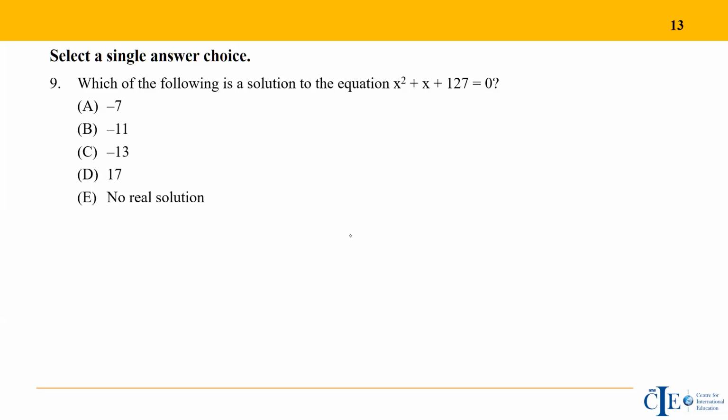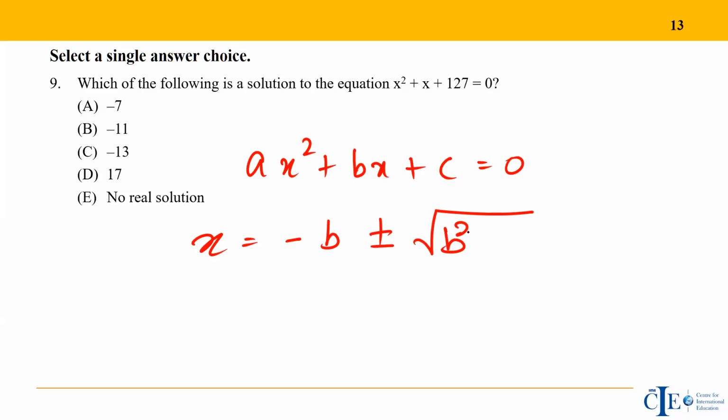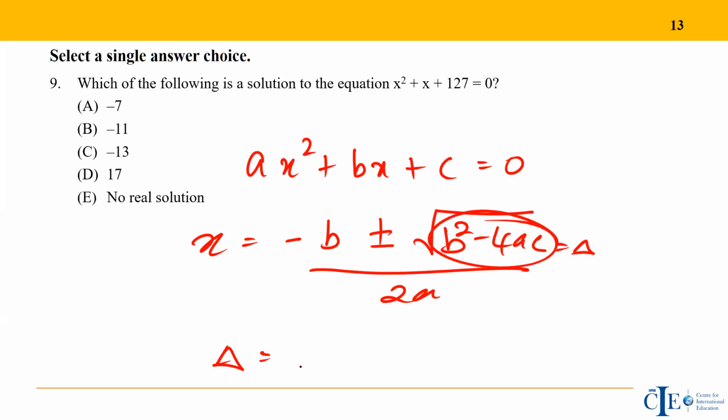So in general, whenever we see ax squared plus bx plus c equals 0, we know the roots by default are minus b plus minus the square root of b square minus 4ac, the whole divided by 2a. Now this discriminant delta, which is inside this, is b square minus 4ac. Now, whenever a is negative or c is negative, any one of them, this is always going to be greater than or equal to 0, because the negative of a or the negative of c will make the sign a plus.